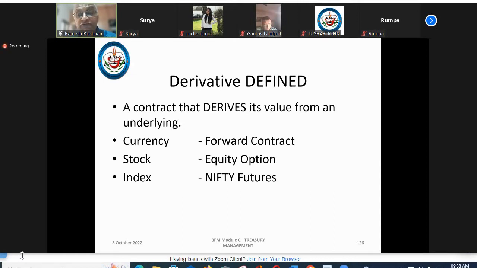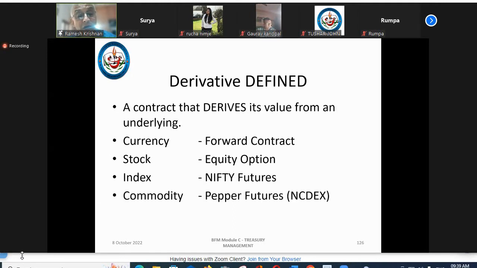So we have Nifty futures, and there are index funds. You need not specify to the fund manager in which stock you should put; simply, he will mirror the index. Index goes up, Nifty goes up from 17,000 to 25,000, you get the return. Nifty comes down from 17,000 to 15,000, your fund's NAV also comes down. So like this, you have index funds.